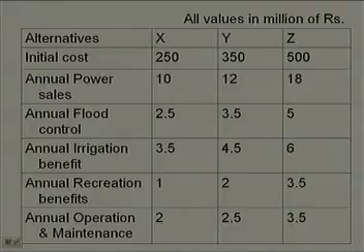Solving the problem is not a big thing, but arriving at these values is one of the most difficult tasks. For example, how do you evaluate the recreation benefits that you are getting from a project? It is very difficult to calculate.